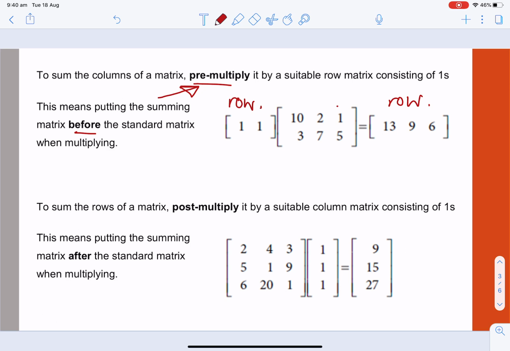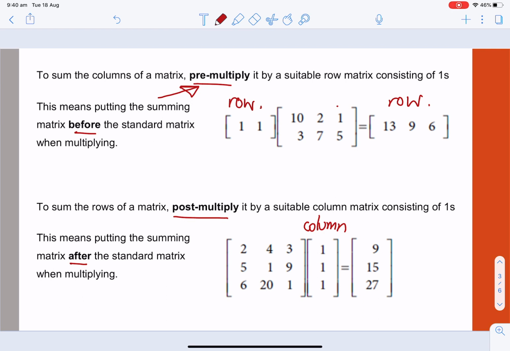To sum the rows of a matrix, post-multiply it by a suitable column matrix consisting of ones. Post means after. So this means putting the summing matrix after the standard matrix when multiplying. As you can see, we've got our column matrix there, and it's going after the standard matrix.